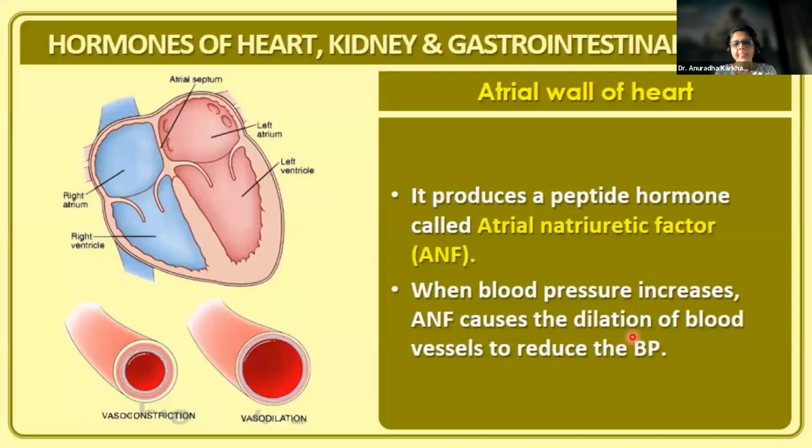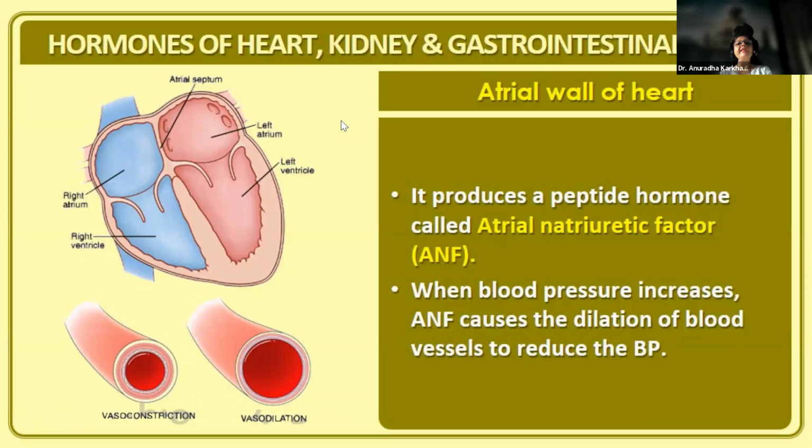Then, I had told you that other than glands, there are other parts of our body also which are involved in making certain hormones. So see, hormones of heart, kidney, and gastrointestinal tract. First we talk about the heart, atrial wall, ANF. Just now in circulation we have done this. It produces a peptide hormone called atrial natriuretic factor, ANF.